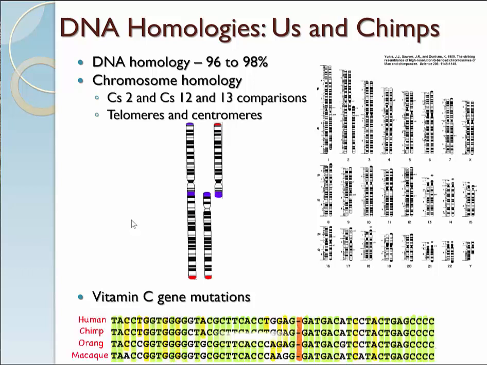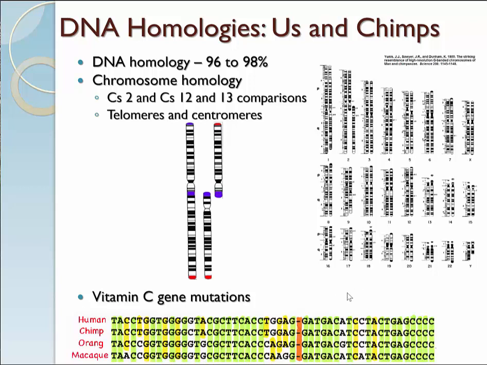And so when we line up vitamin C gene fossils from humans, chimps, orangutans, and macaques, a type of monkey, we see, and I'm not going to hang here too long, but you can look at this for yourself, you can see that humans and chimps have mutations in the exact same place.